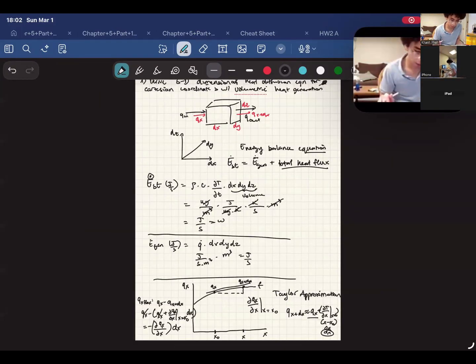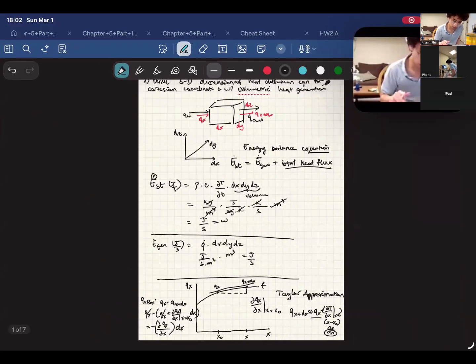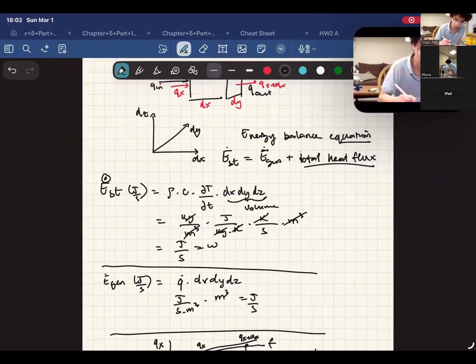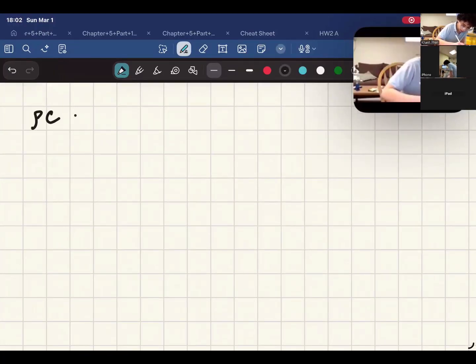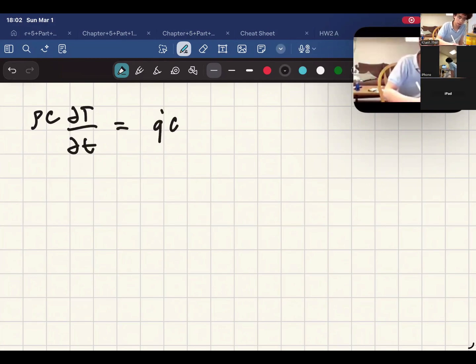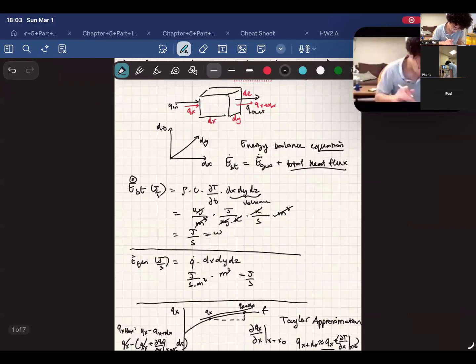So now when we plug into our energy balance equation, we would have density times heat capacity times the change of temperature with respect to time equal to the energy generation times dx, dy, dz as the volume, plus or minus, because we know that this is a minus sign.